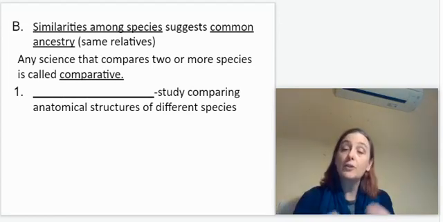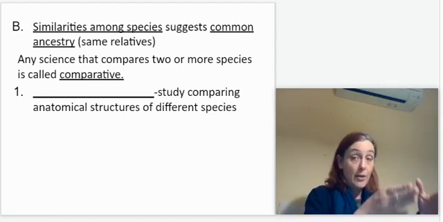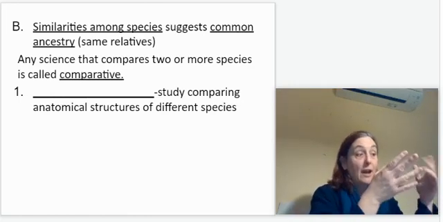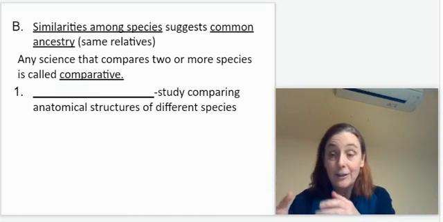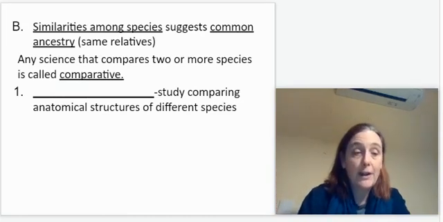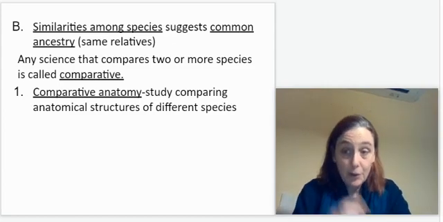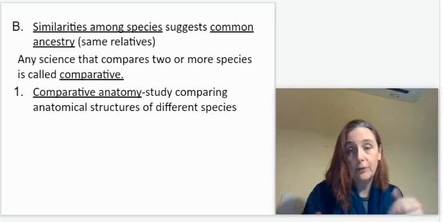When you study structures, you're studying anatomy. But if you're comparing the stomach and small intestine of a cow to the stomach and intestine of an antelope, you're now performing comparative anatomy. You're comparing the anatomy of two species, anatomy being the structures, comparative two different species.